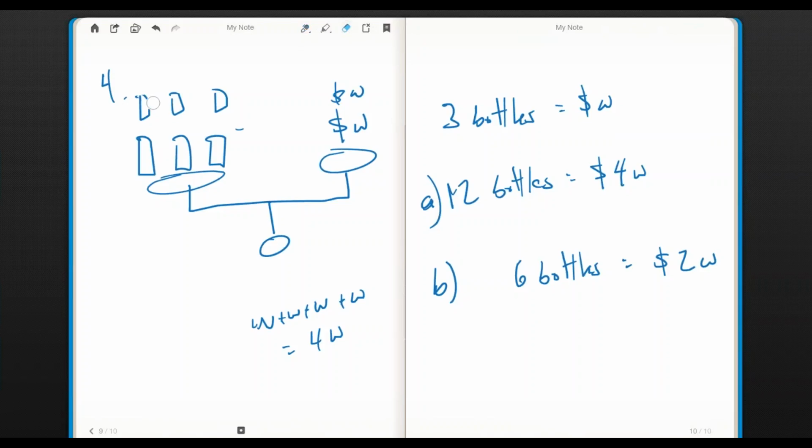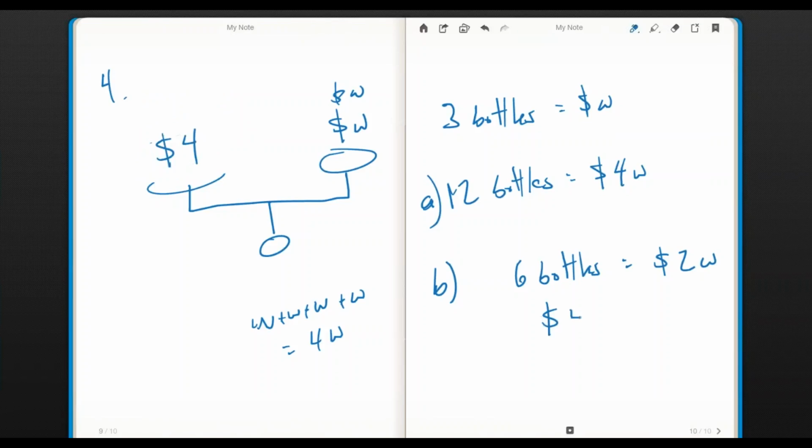So if I took these off and replace it with $4, it would be equal. If $4 is the same thing as $2 times W, then W would have to be $2 to make the information correct.